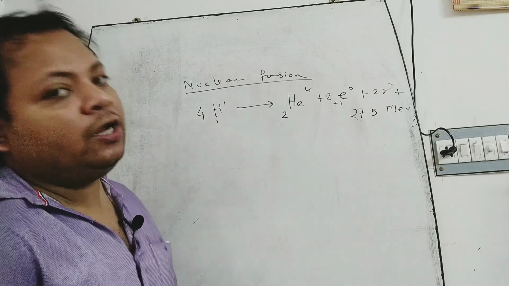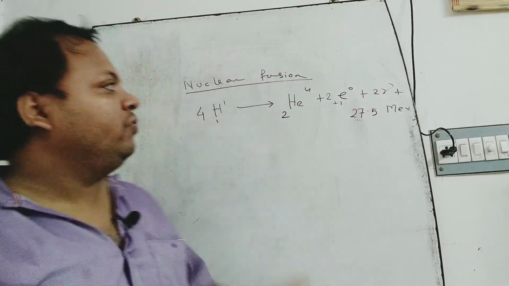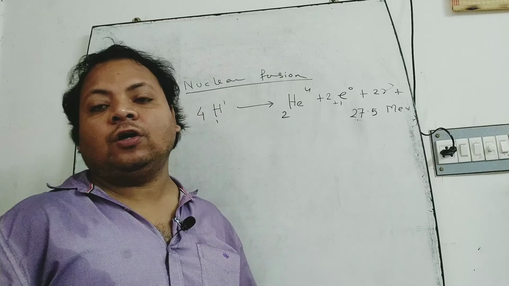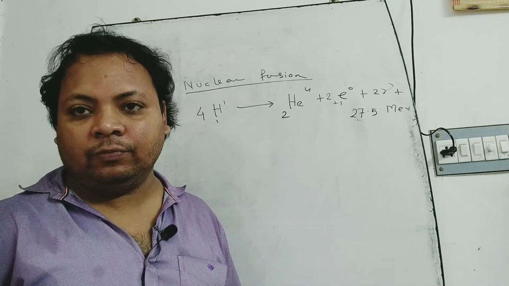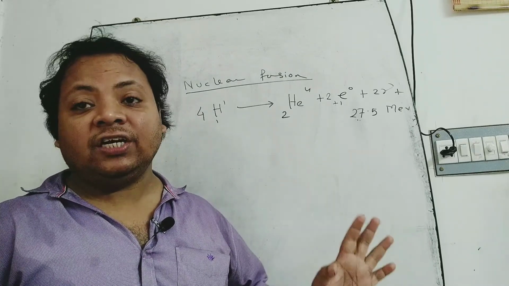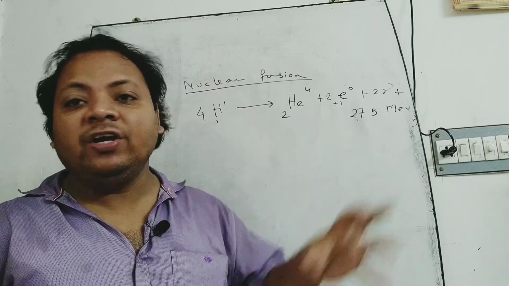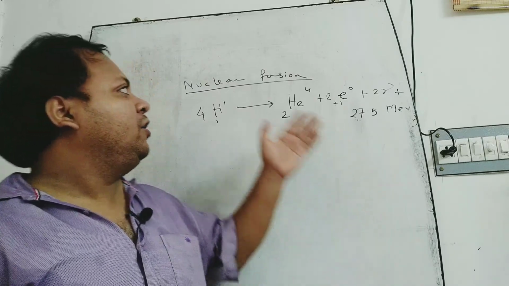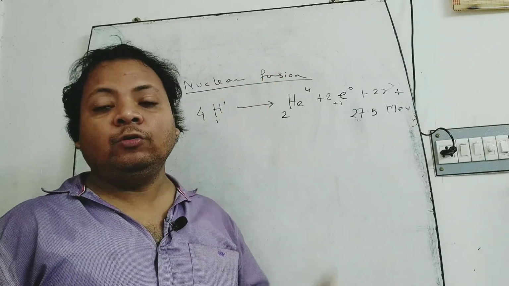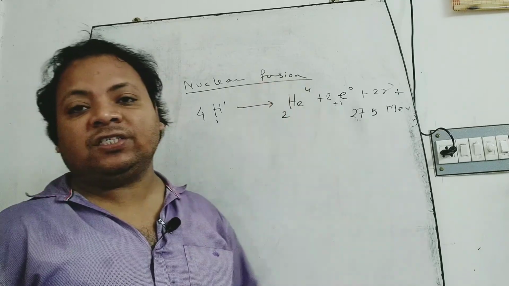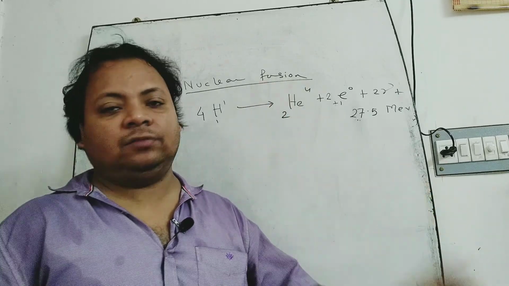Next, nuclear fusion. This is the opposite process of nuclear fission. Nuclear fission takes place for heavy nuclei, and nuclear fusion takes place for light nuclei.